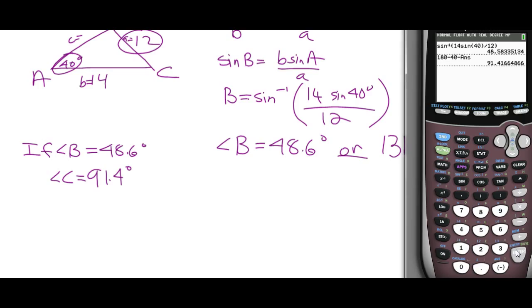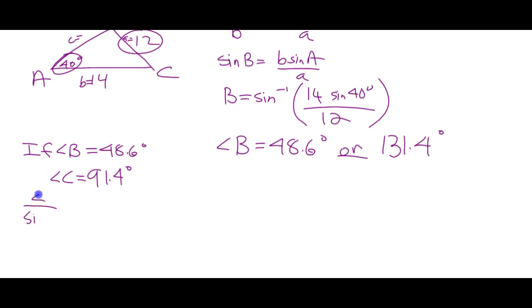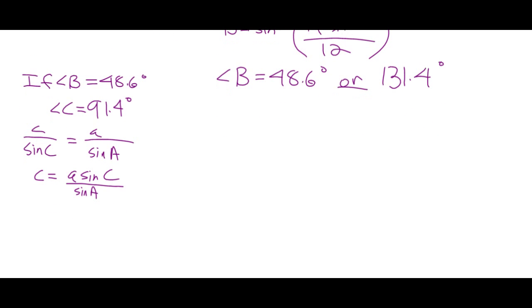So I want to calculate little c. Little c over sine C is equal to little a over sine A. So little c is equal to a sine C over sine A. What's little a? 12.